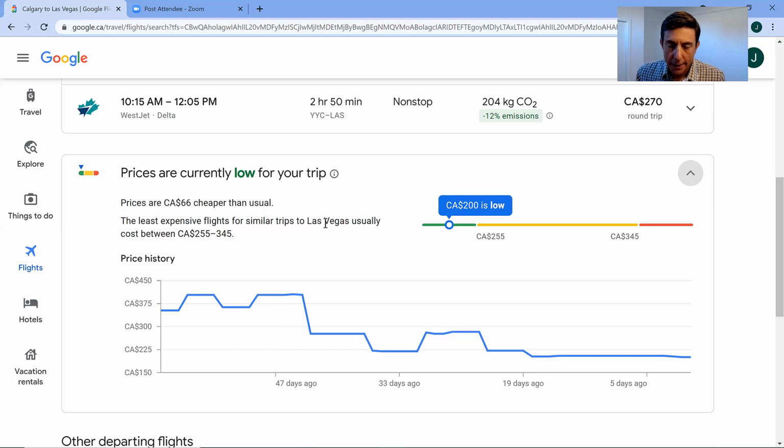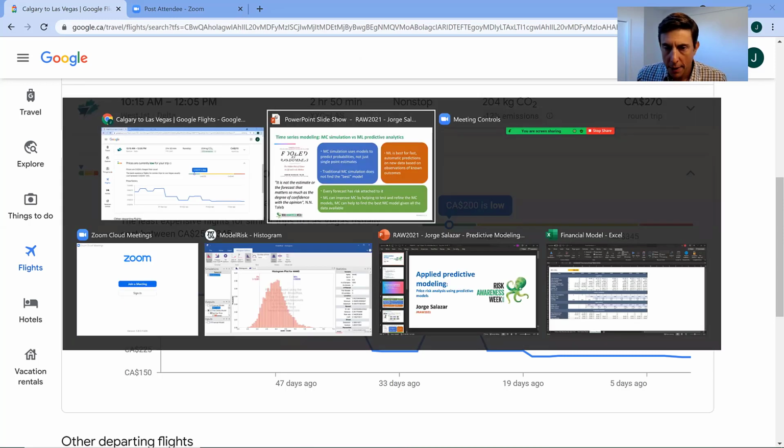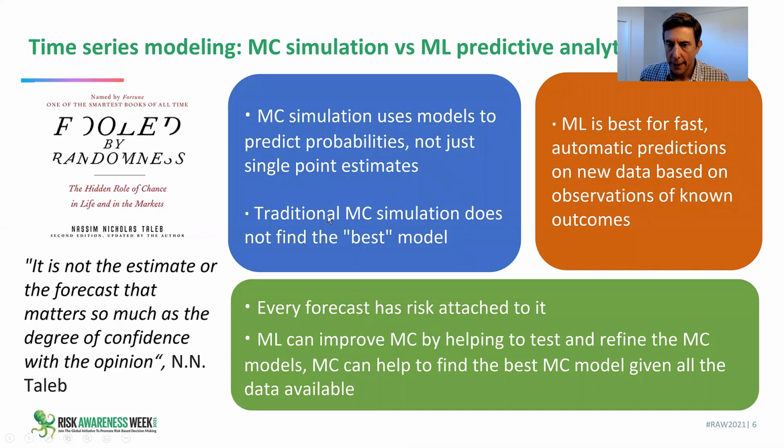I think Kayak was doing the same. But this is just to illustrate how machine learning is being used and how it could improve decision making.